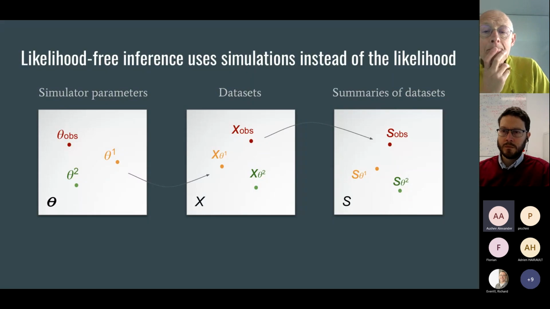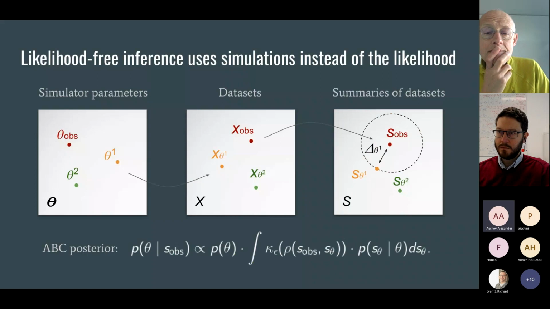Essentially, we want to know which simulator parameters produced the observed data sets. The way it is done in ABC, for instance, is through some discrepancy metric, which can be, for instance, Euclidean distance.